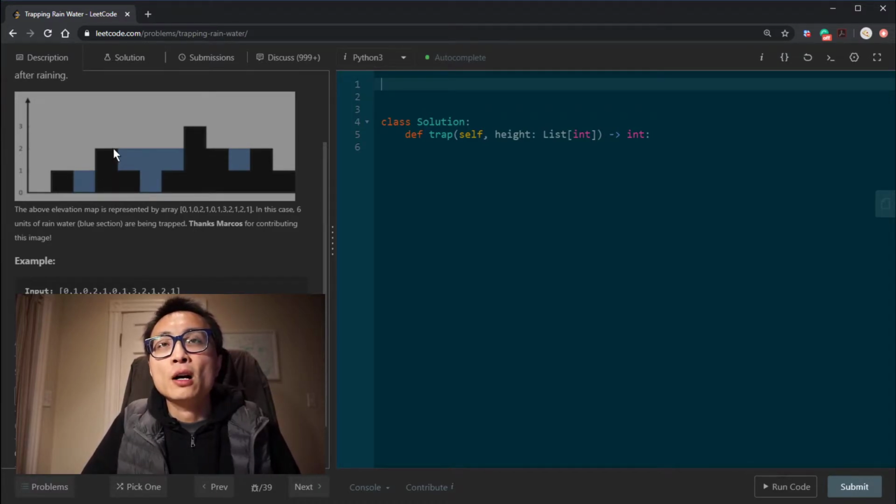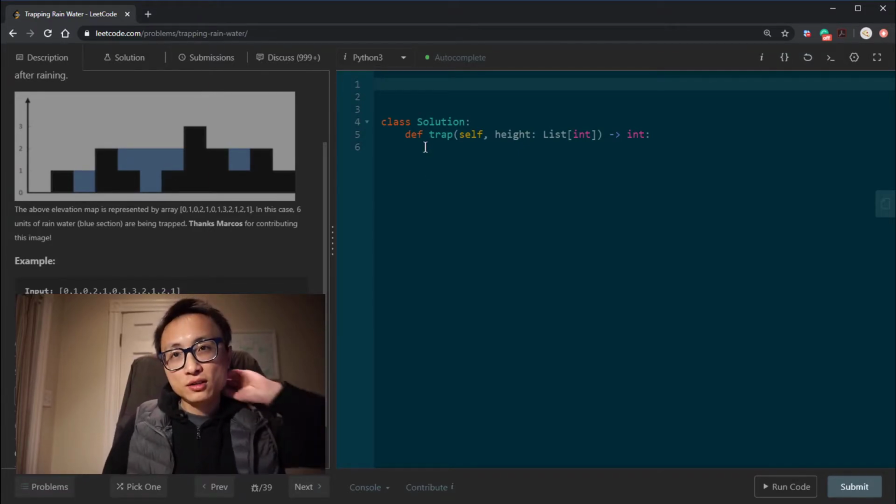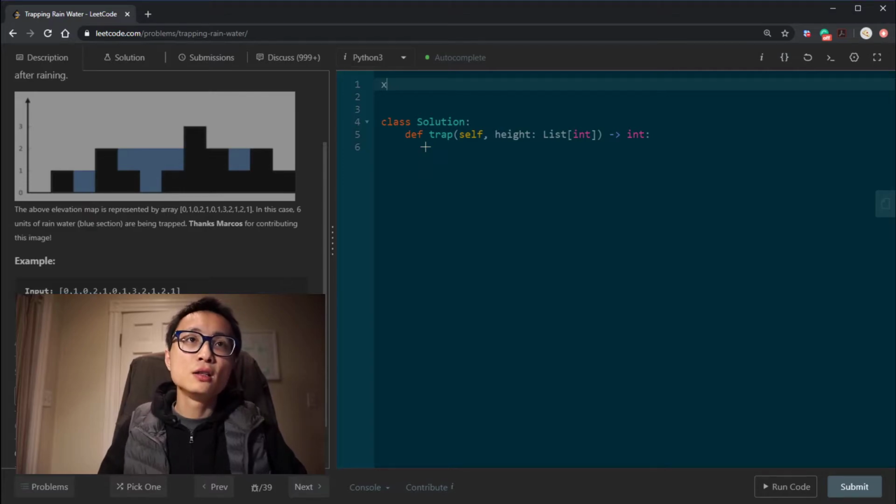When we find another higher land afterwards, then we can be sure the potential water in between can be realized.